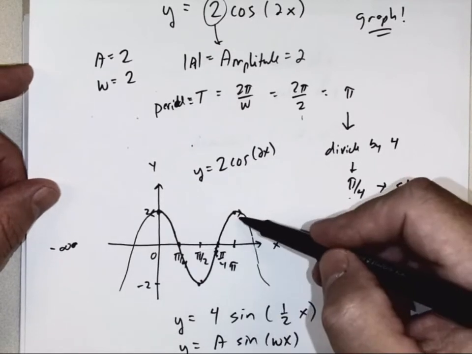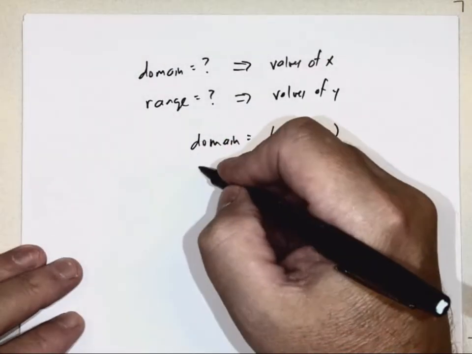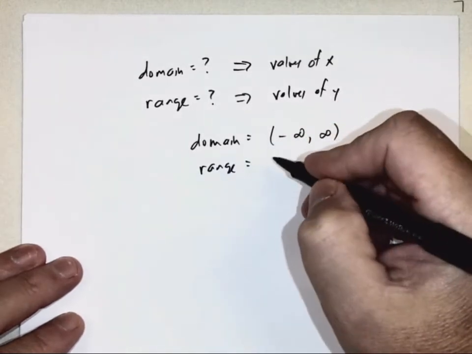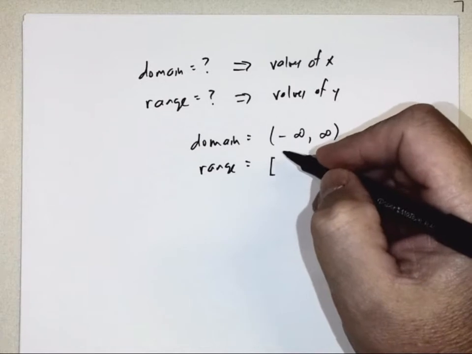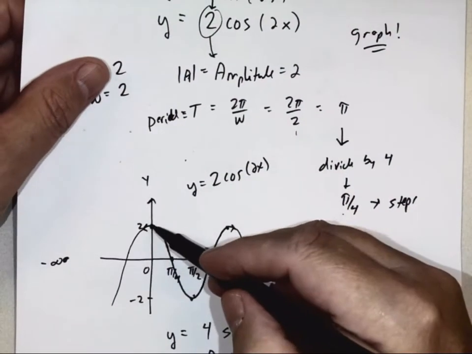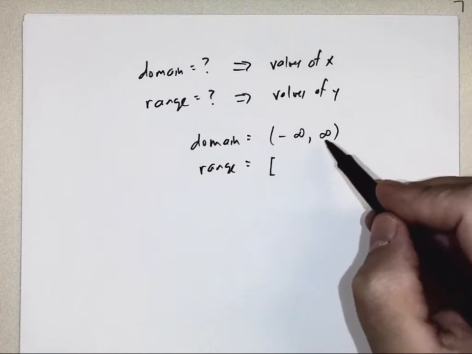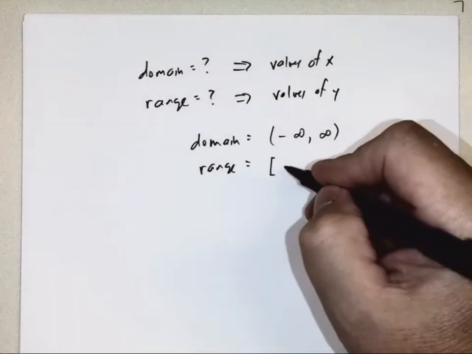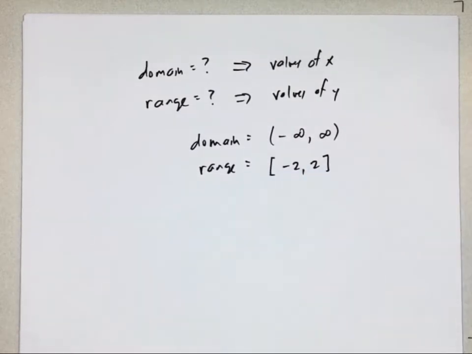Well, it gets to 2. So we say the range is from -2 to 2. In this case, we put brackets because the graph actually touches 2 and -2. Up here, when you have infinities, you can never touch infinity, so it's always parentheses. But in this case, we would say -2 to 2.